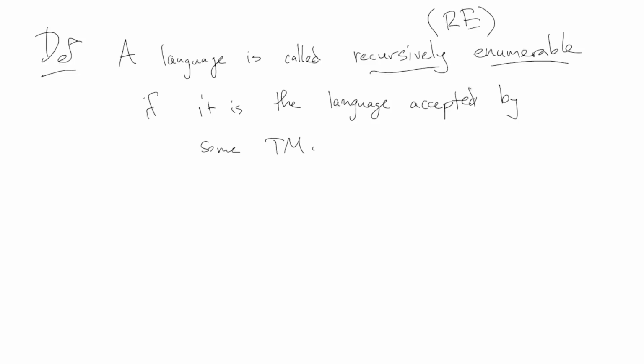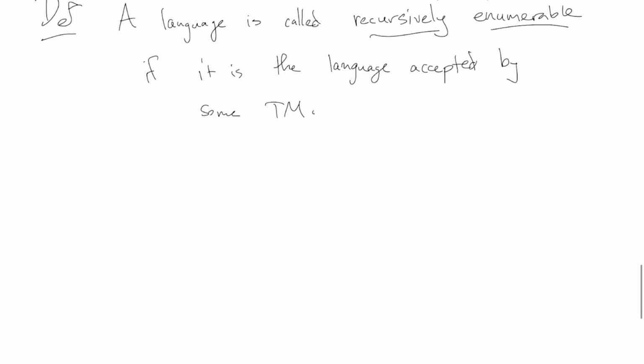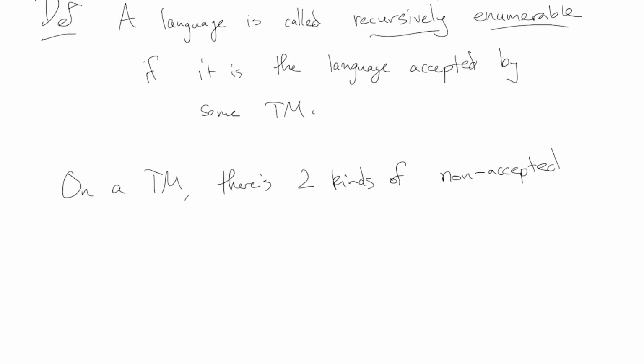But there's actually a subtlety here, which I would like to talk about. On a Turing machine, there are two kinds of non-accepted strings. This is a difference between Turing machines and, say, DFAs and NFAs.